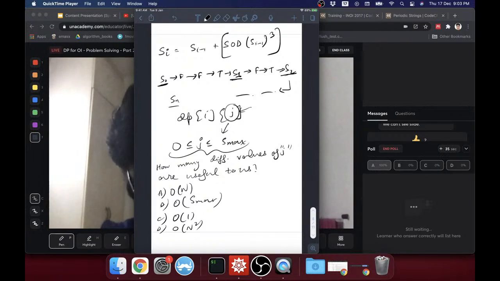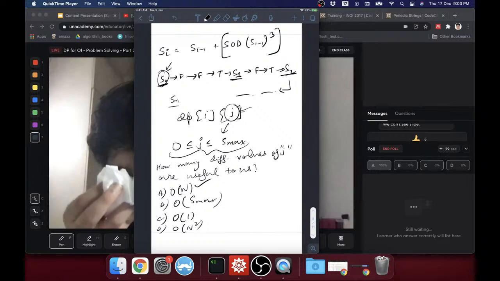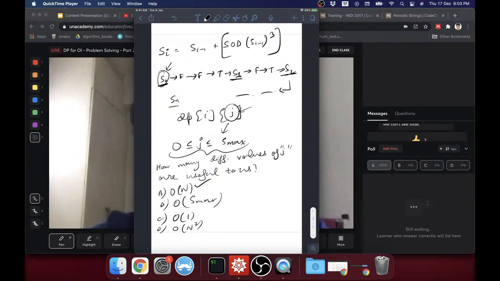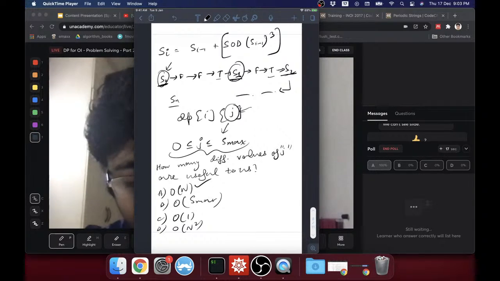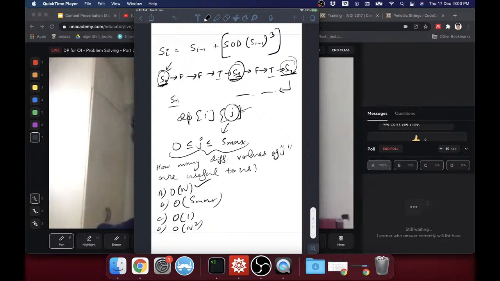Correct. So the answer is order n, because we already saw that you're at S0. No matter when you train, even if you train after 3 rounds or you train after 5 rounds, the first time you train, you'll definitely jump to S1, no matter how many times you've fought in between. And then you fight some, and then you train the second time, and then you go to S2, and so on. So the number of different values that you will see will only be n. More exact, maybe less than n or something, but definitely not more than n.